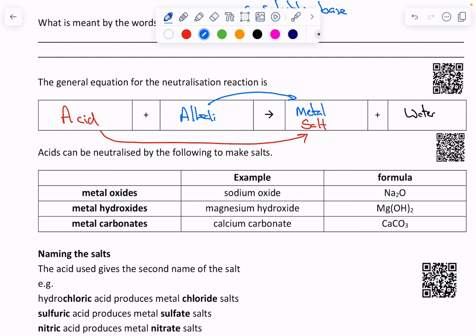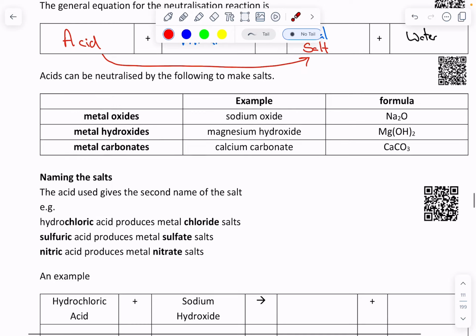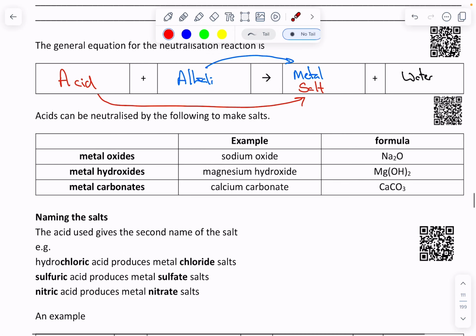Okay. Now the alkali, or the base that we react, can be any of these type of chemicals. So it could be oxides, metal hydroxides, or metal carbonates. I'm giving examples of each one of those types of chemicals here. So naming the salt, this is what you're going to have a go at.